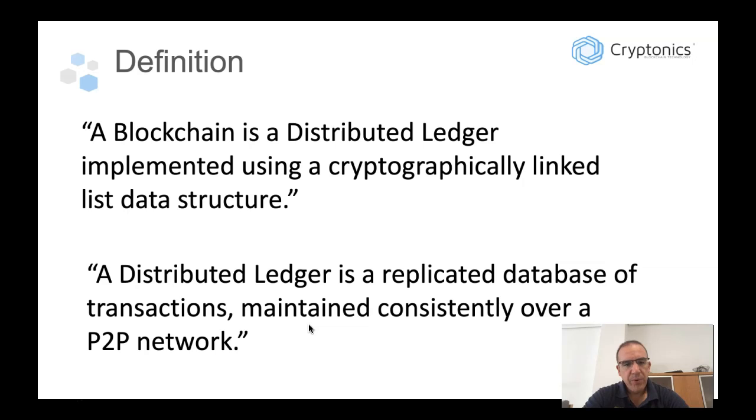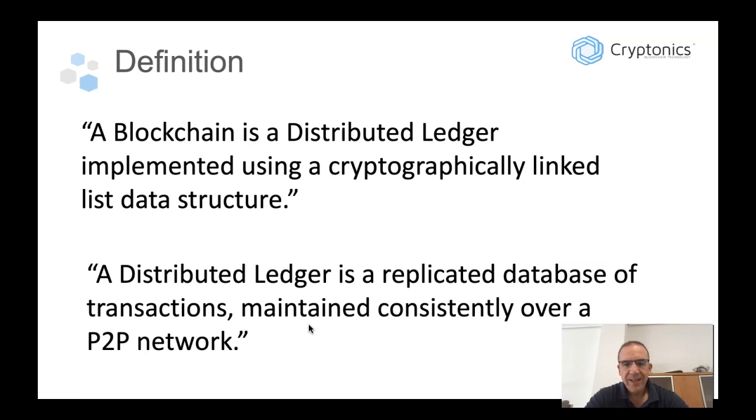And the other important word here is consistently, right? So this ledger has to be maintained consistently, and this really means we need exactly the same version and order of the transactions in this ledger on each of the nodes. So every copy is exactly the same.